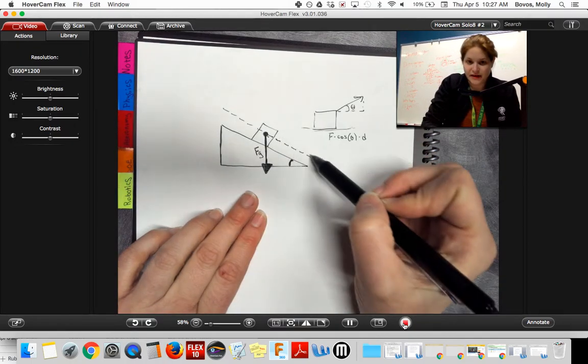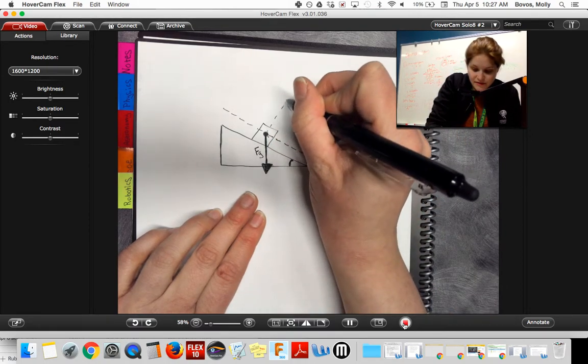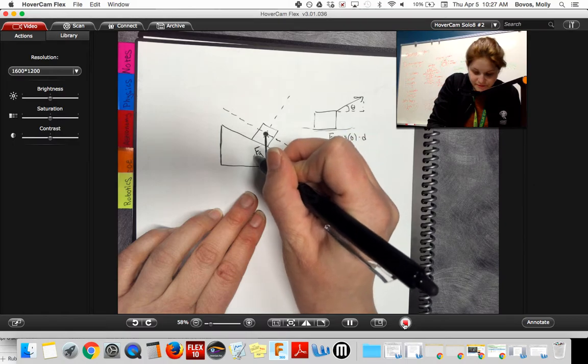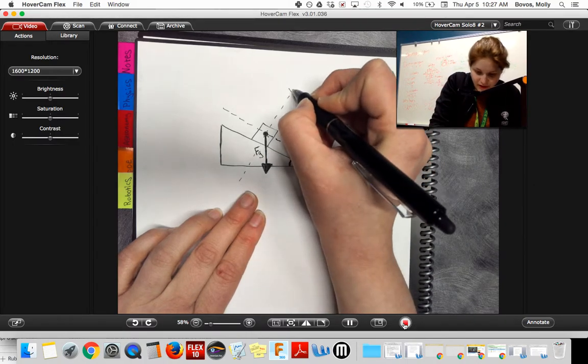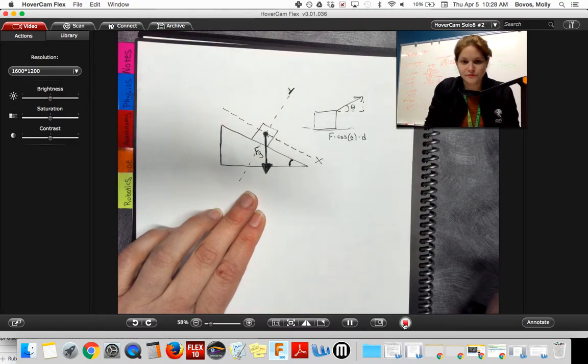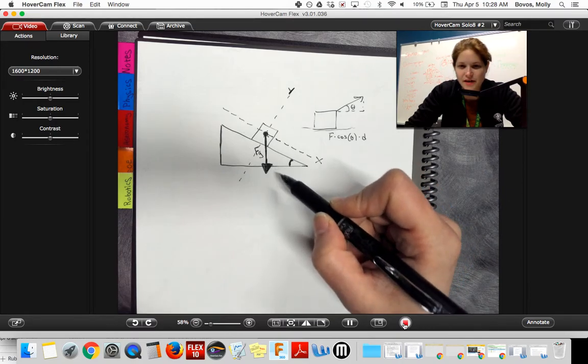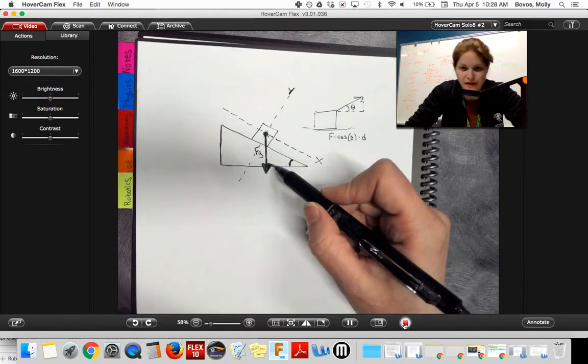So this is now the x-axis, and perpendicular to that is my y-axis. And there's y. There you go. Okay, so now we've got some stuff that can help us figure out a triangle.